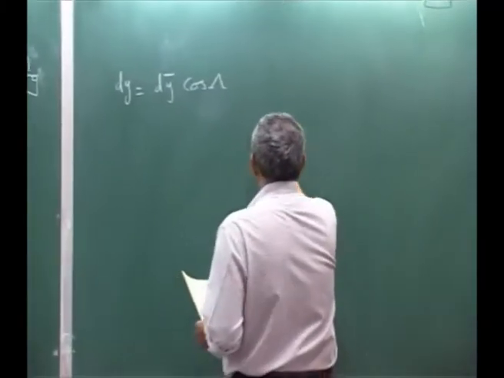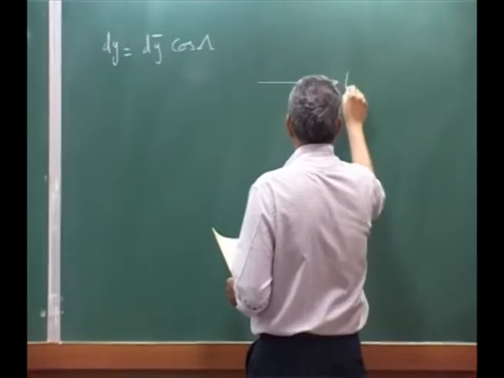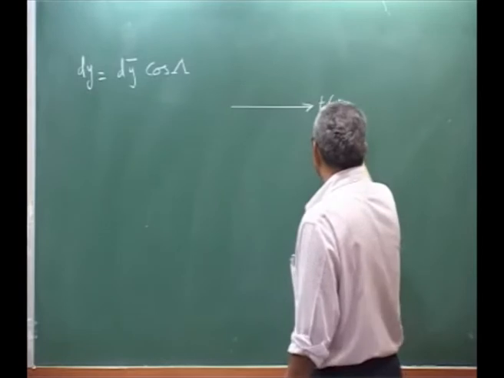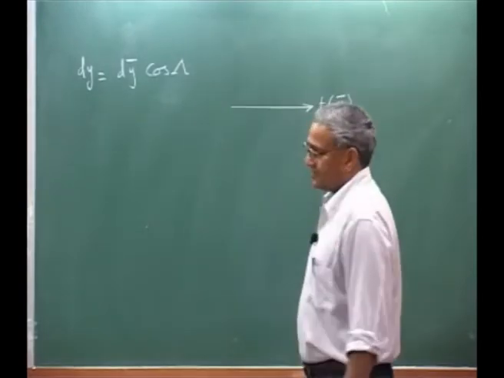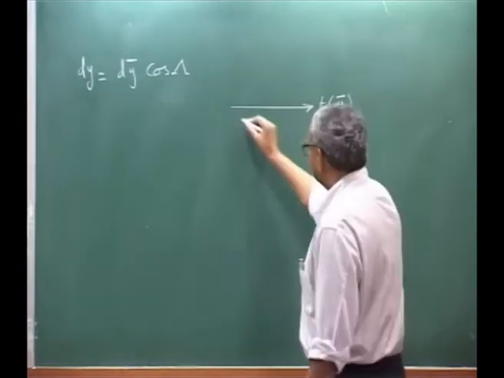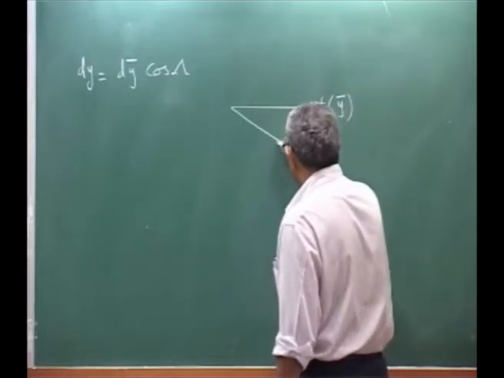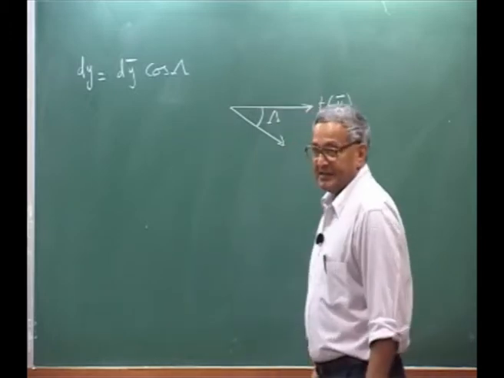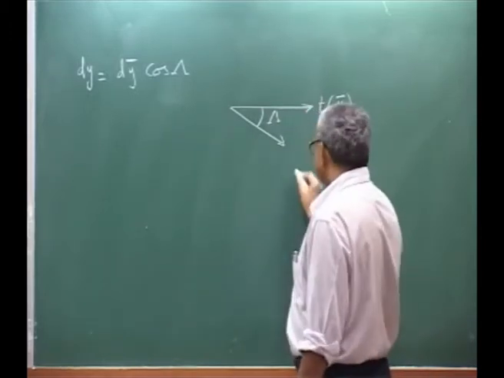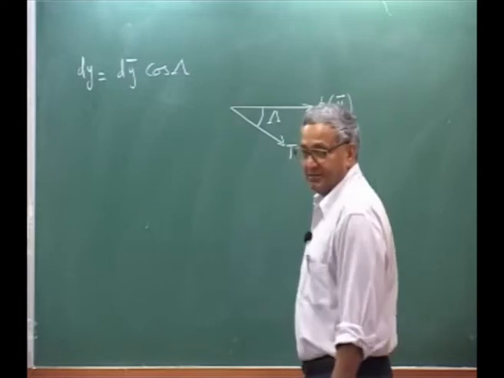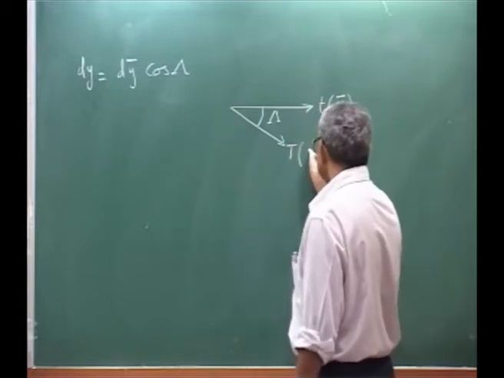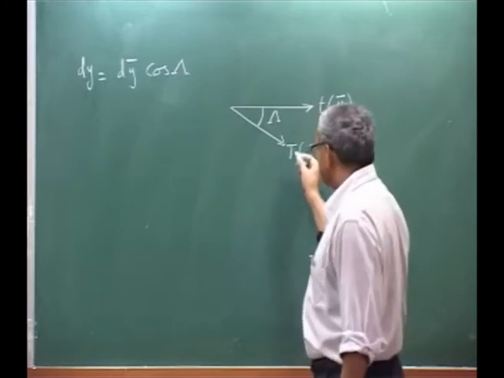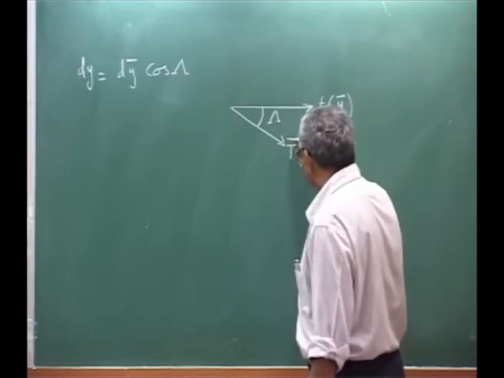So I have my, this is T, y bar, that's all. I will get a, this is my lambda, this is my twisting moment, maybe I will call T, twisting moment along this, which, if you want to put a bar, I may put a bar also.